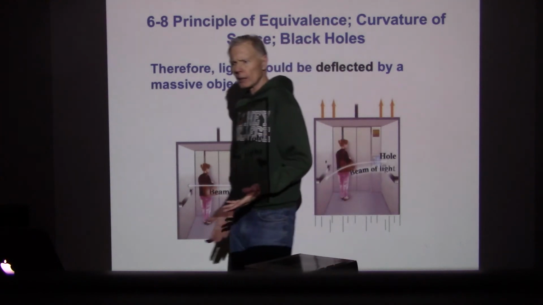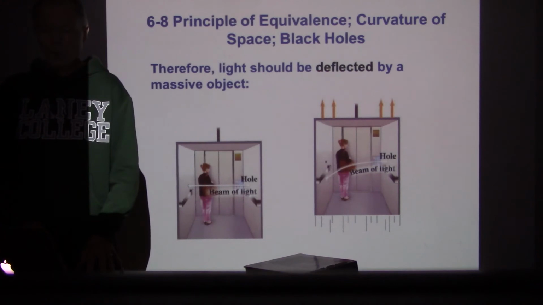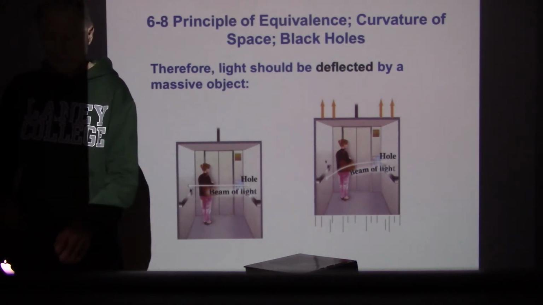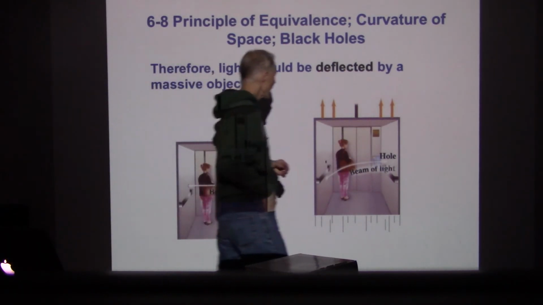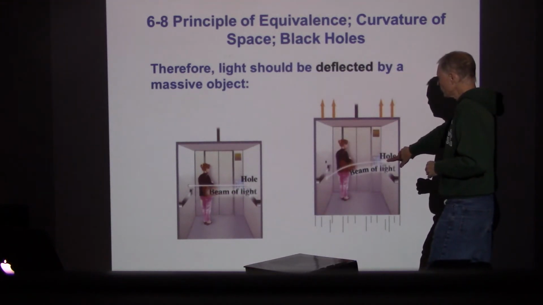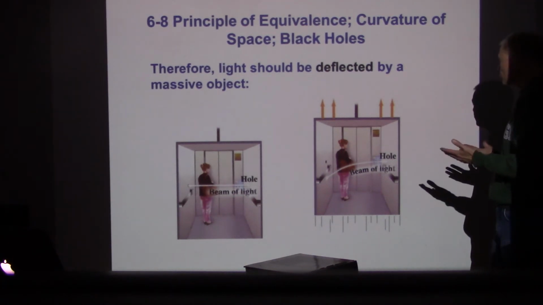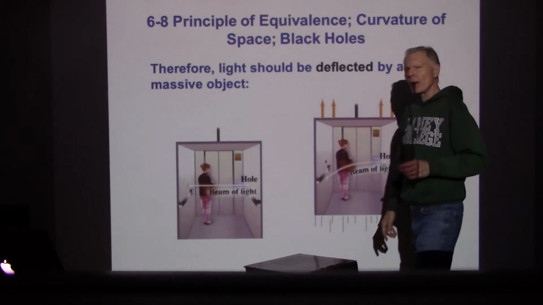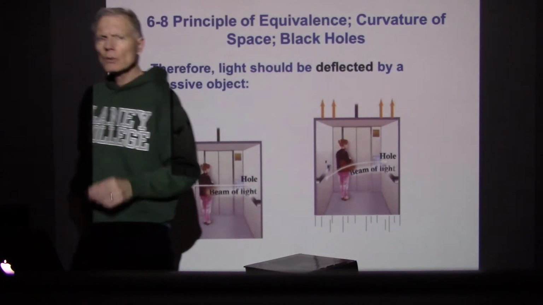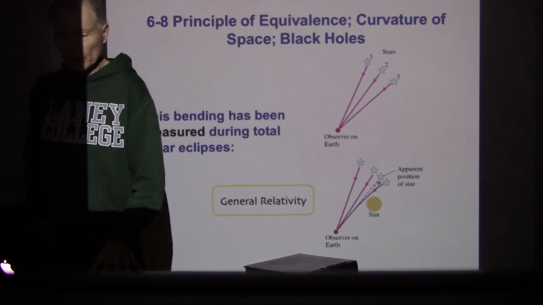Now, classical gravity, Newton's description of light, did not go along with this idea. So Einstein's description was, since acceleration would create this effect, gravity should create the same effect. Newton's description said, look, this is what's going to happen, but that doesn't mean gravity would actually bend light. So those are the differences. Einstein said even light should be bent by gravitational effects.